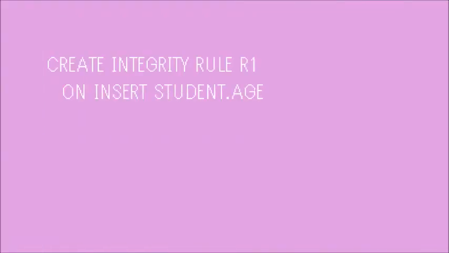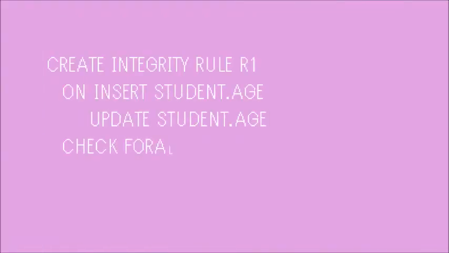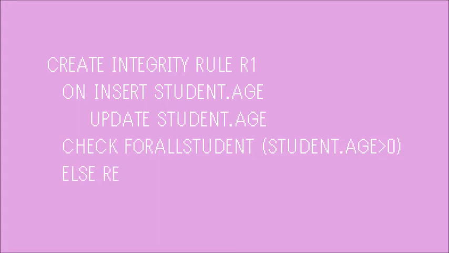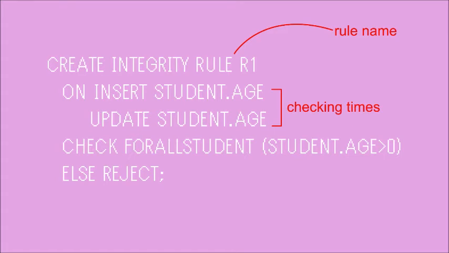Now let's move into a hypothetical integrity language. This code is the framework of the integrity rules that we apply. The first line is the integrity rule's name. The second and third lines are what we call the checking times.